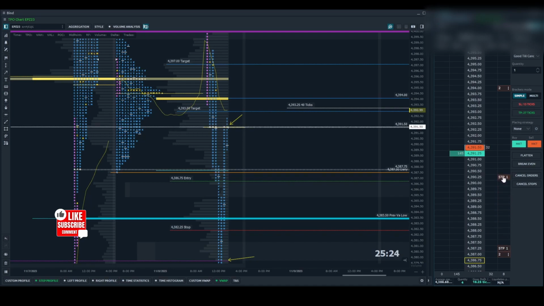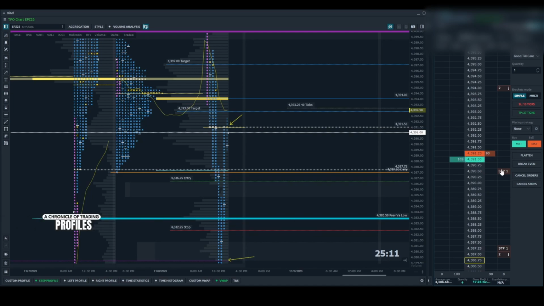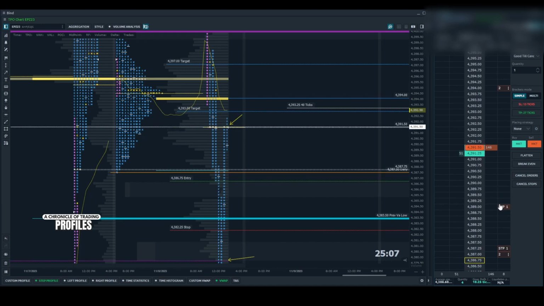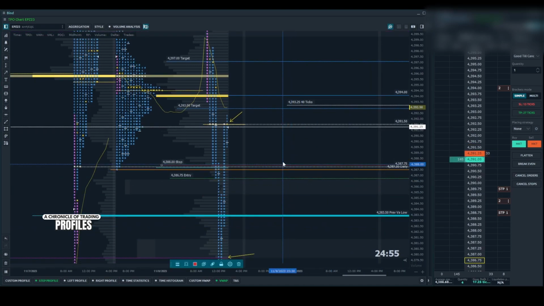There we go. See if we get an extension on that I period. I'm going to move these up just in case it starts to come back on me. Our stops right here under this I low.